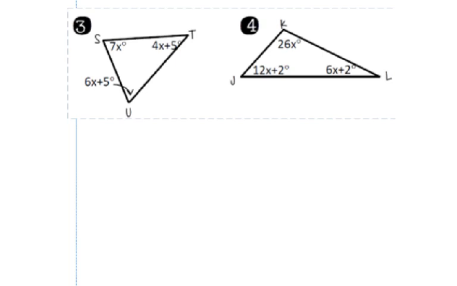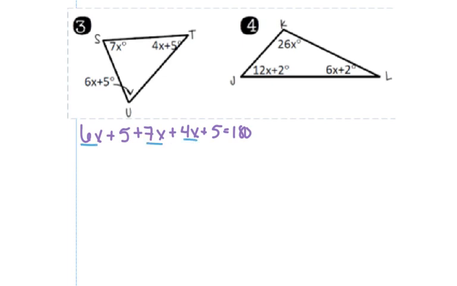Alright, so some more practice with this. Now we're getting a little bit more complex. So when I write this, I'm going to write all these: 6x plus 5 plus 7x plus 4x plus 5. And I know that that's going to equal 180 degrees. For this one, I do recommend using your calculator. If you do it by hand, you need to combine like terms.